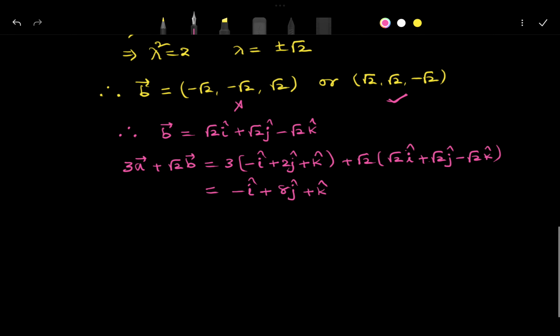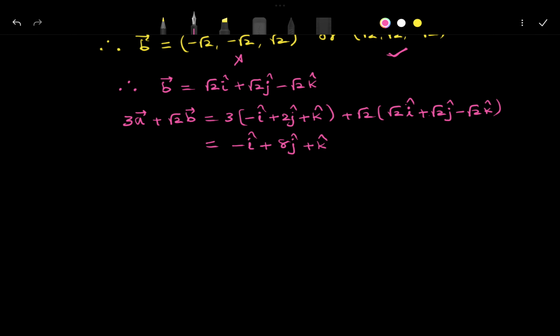Now what is the required value? The projection of 3 a bar plus root 2 into b bar on c bar. You know the projection formula: this value will be 3 a bar plus root 2 b bar dot c cap.